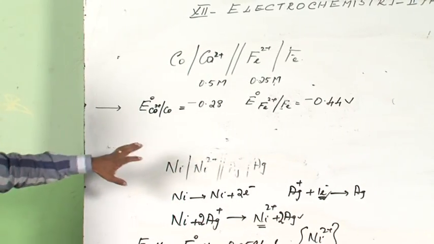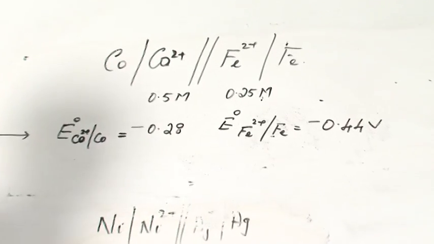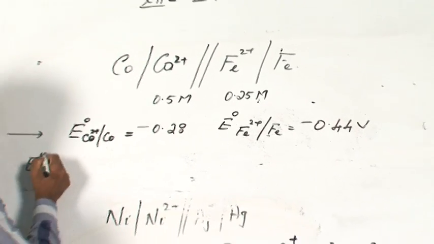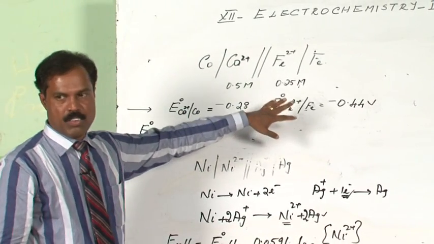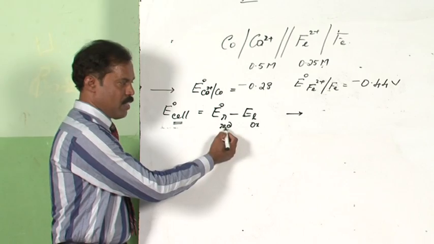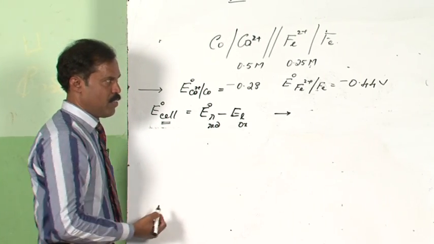So first we have to see whether this reaction is possible or not. For that, what you do, find out E0 of the cell, assuming that this cell is under standard states or not, by taking E0 of the reduction minus E0 of the oxidation, E0 of right minus E0 of left.